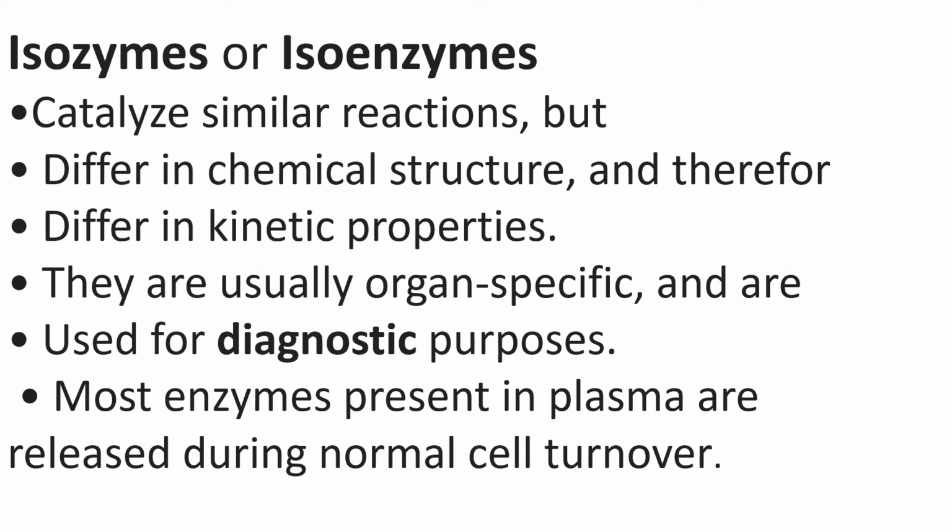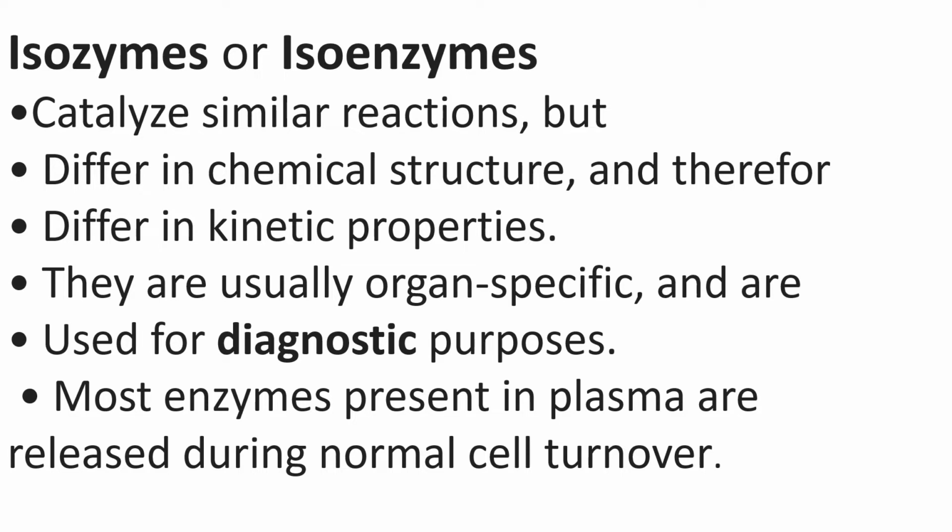Here we will discuss the characteristics of the isozymes or isoenzymes. As I told you earlier, they catalyze the same type of reaction, but they differ in chemical structures. And when their chemical structure is different, their kinetic properties are also different from each other. And as I told you, they are usually organ specific. They are found in different tissues.